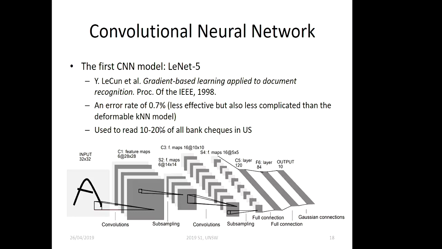It's essentially less complicated. But this training process can be quite tuning intensive. You need to tune lots of parameters in this network model in order to get a really good performing application. Nowadays, this system is used to read 10 to 20% of all bank checks in the US. So it's a pretty old model, but it's still used in many areas.